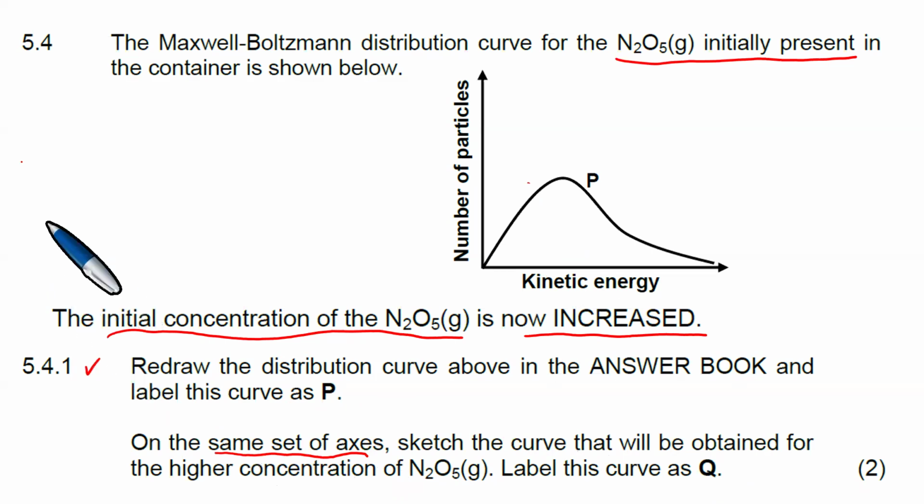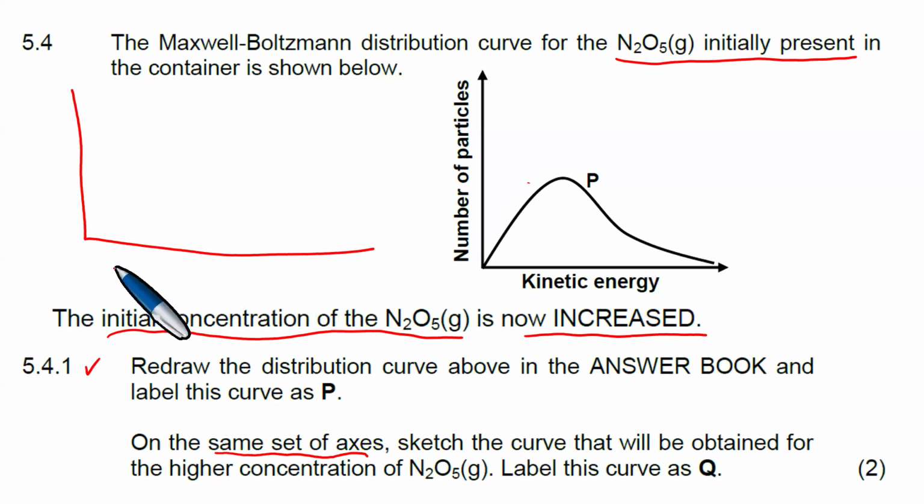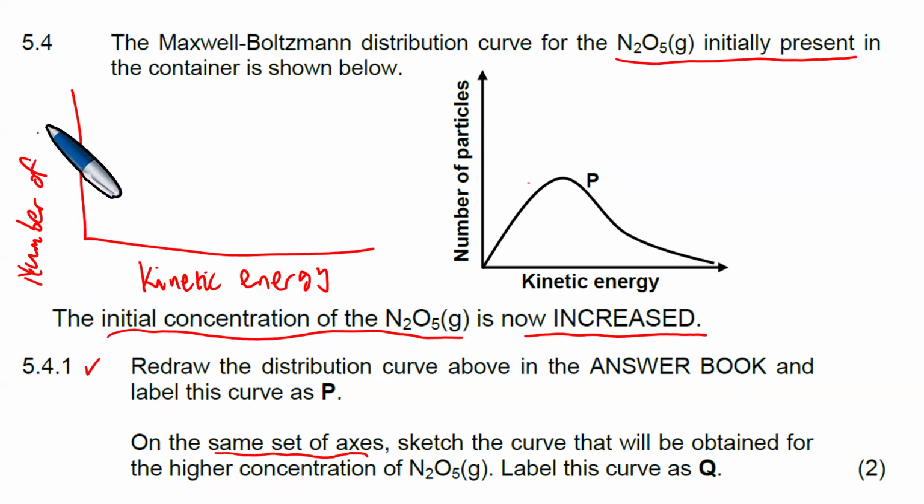Right, 5.4.1. So we're going to do this. This axis has to do with the kinetic energy, and this one is the number of particles. The P curve.